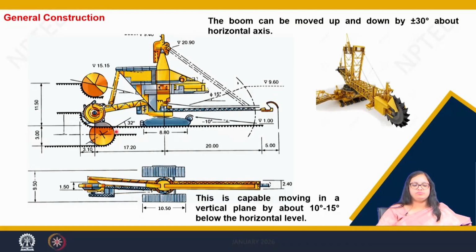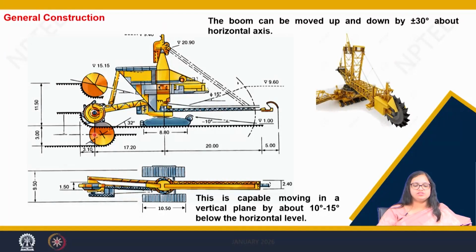Now when we talk about this bucket wheel and the boom conveyor, it can move up and down and it can also move sideways. This moving up and down of the bucket wheel we call the luffing arrangement, and you can see it makes a cut onto the rock mass or the ore body, which we call a terrace cut.